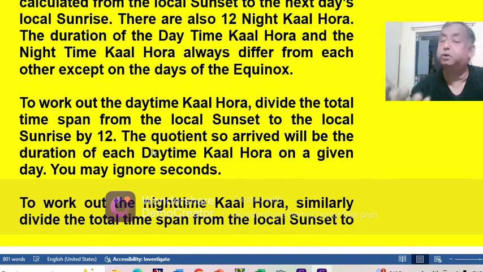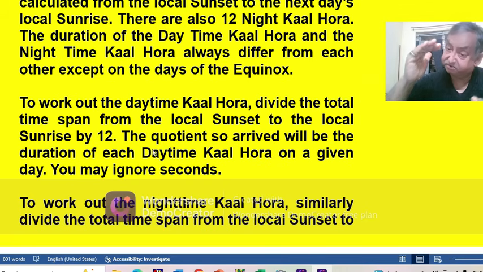Why 12? Because there are 12 Kaal Hora during a day. The quotient so arrived will be the duration of each daytime Kaal Hora on a given day.